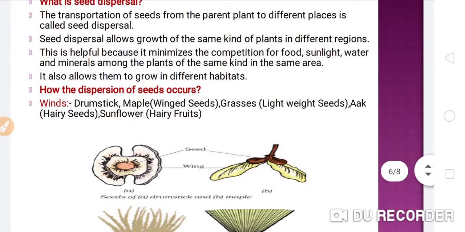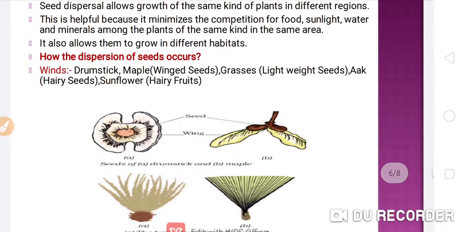Now, how does the dispersal of seeds occur? Let's see. Wind: drumstick and maple have winged seeds, grasses have lightweight seeds, oak has hairy seeds, and sunflower has hairy fruits. These are specific kinds of seeds having wings or hairs, and with the help of these they can travel a long distance with the help of wind.